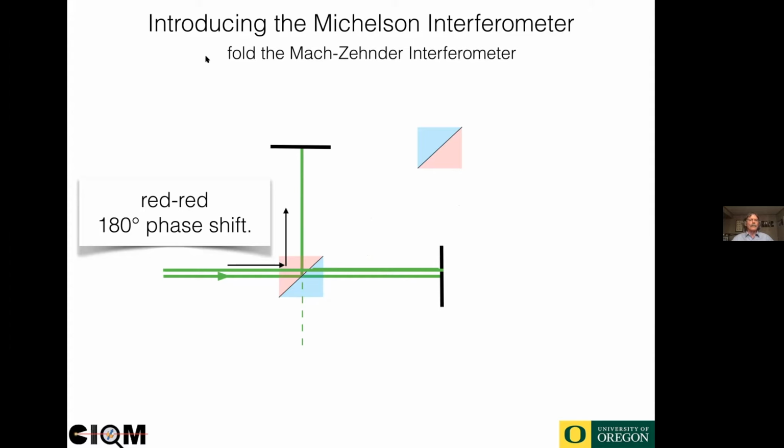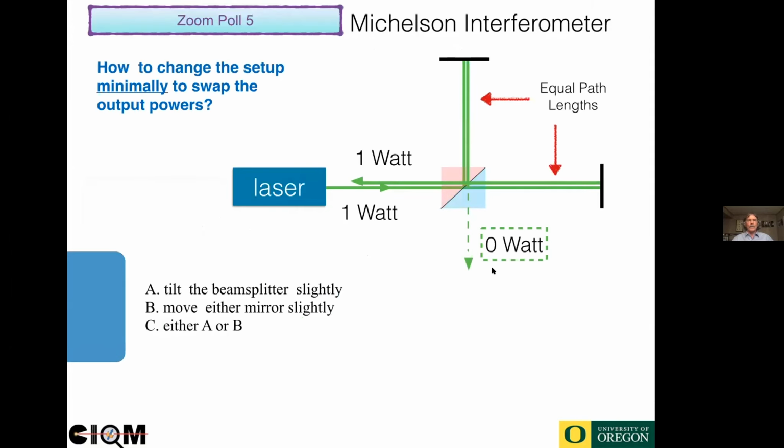Now I have to stop this and do this. Here's a Zoom poll for you. So I want there to be 1 watt out here at the lower path and 0 watts at the upper, at this beam here.